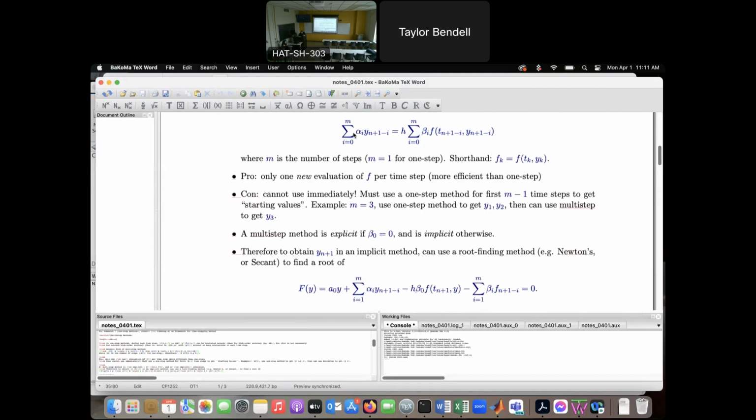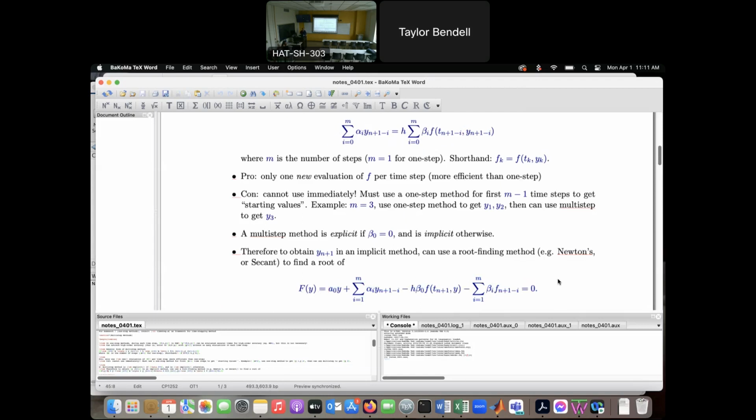Then I move this summation to the left side so that I have one expression equal to 0. So using some iteration to find a root of this function, we're carrying out an implicit method.